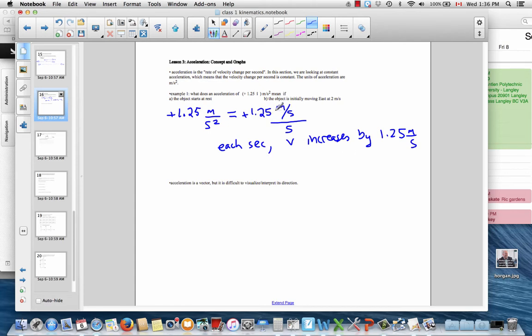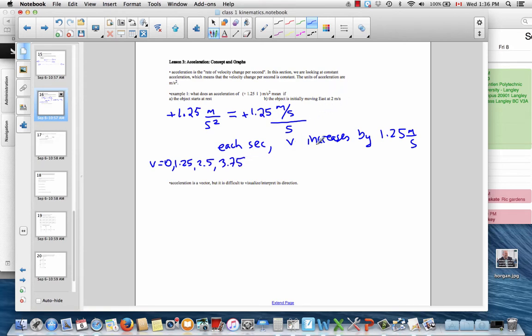So it's a velocity increase of 1.25 meters per second each second. It's the velocity change over time. So, if you started at rest, then, with this acceleration, it would just go up by 1.25 each second. I'm not putting the units in here, but you get the idea.